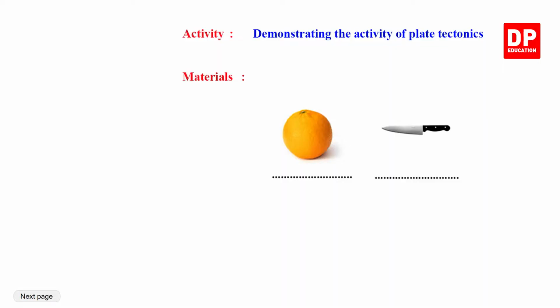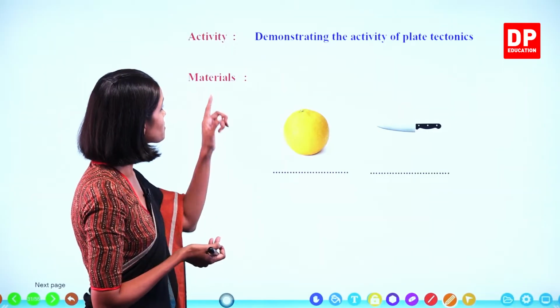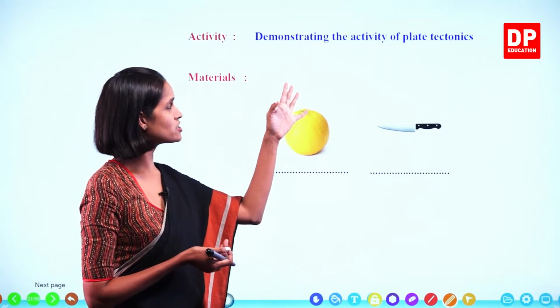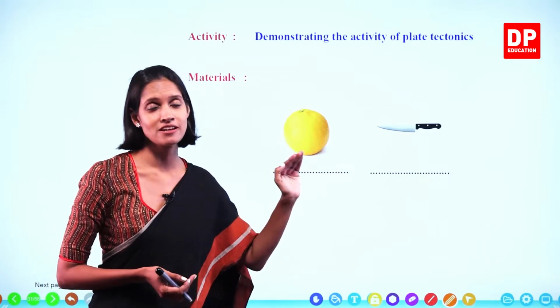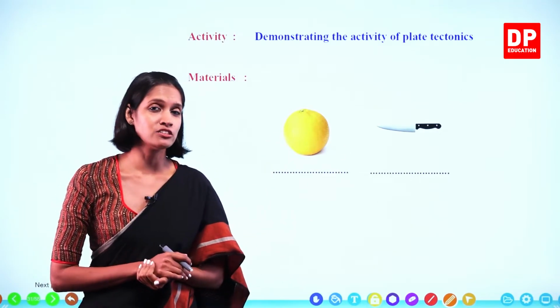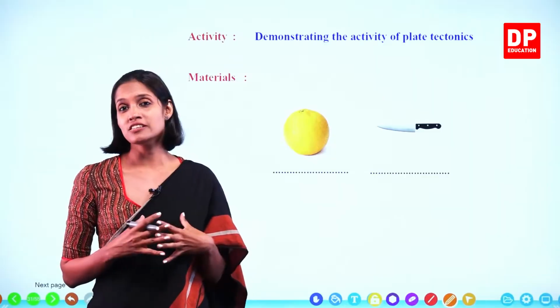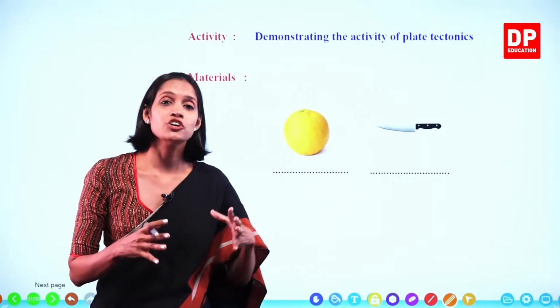Activity. This is a very, very interesting activity. You all can try this activity at home very easily, okay? Demonstrating the activity of plate tectonics. What is the meaning of plate tectonics, children? Now I already explained to you all. The crust of the earth is made up of tectonic plates.